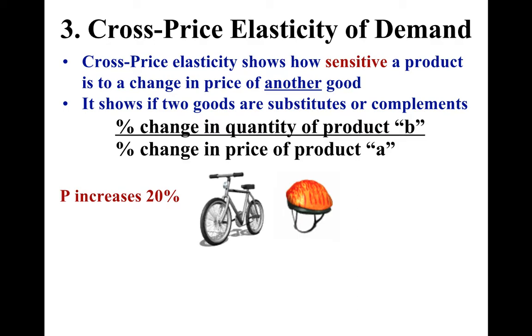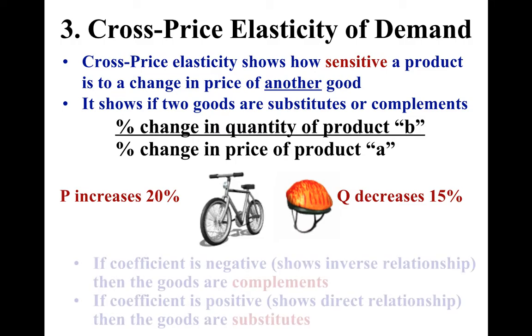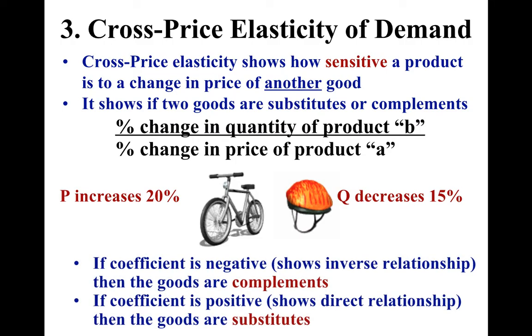The quantity of bike helmets decreased 15%. That's product B, so we put negative 15 on top. So we would have negative 15% over positive 20%, which is negative 3/4, or negative 0.75. And if the coefficient is negative, it shows us they are complements to each other.